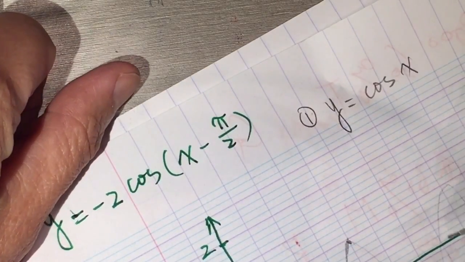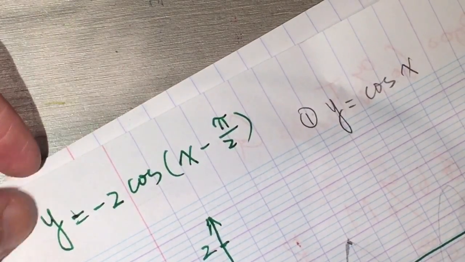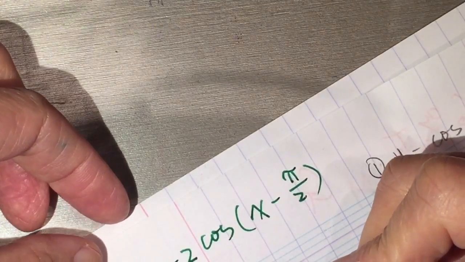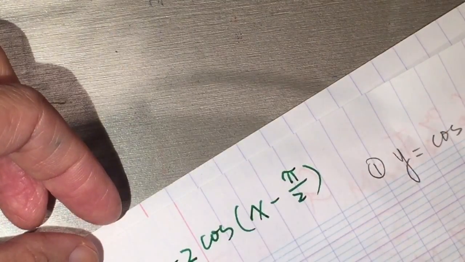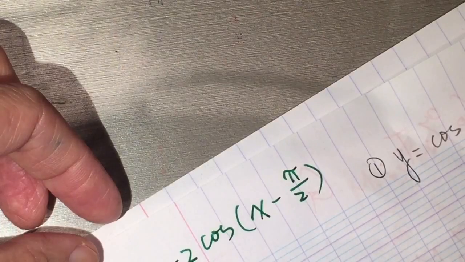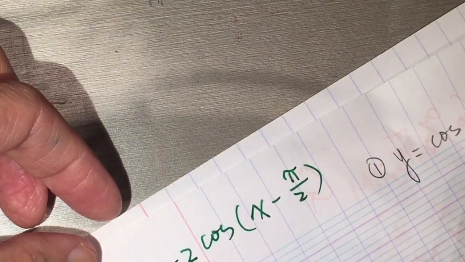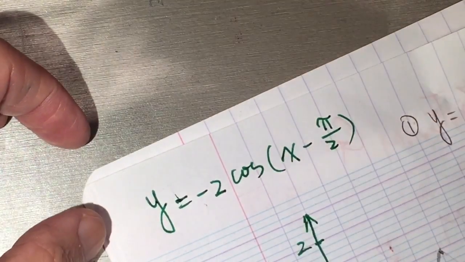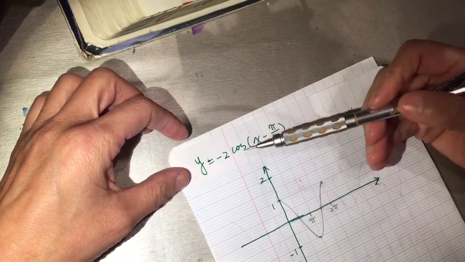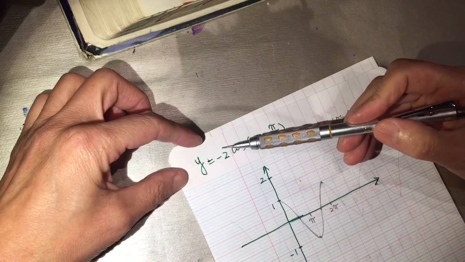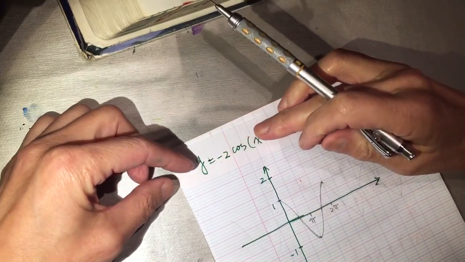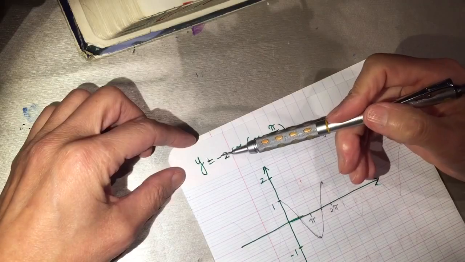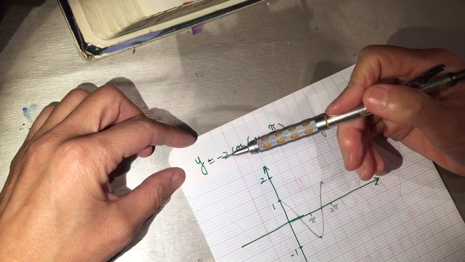So here we have this basic graph. Now we see the coefficient is -2. If it is negative, it is the opposite of this graph. Every positive value before putting the negative sign becomes a negative value after you put the negative sign.